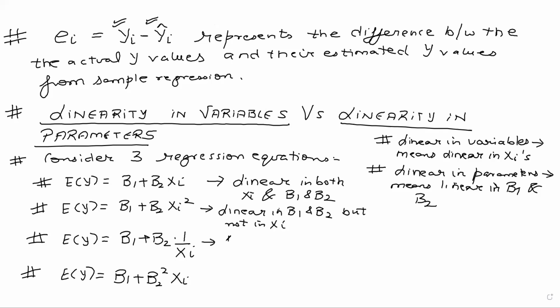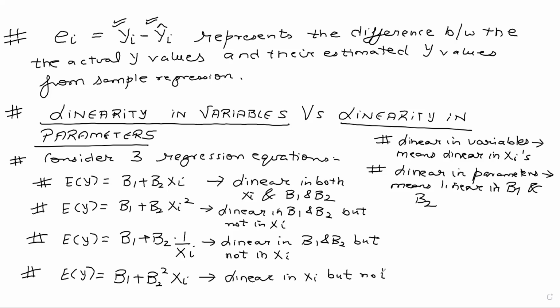Third equation also is linear in both B1 and B2, but not in xi. And if you look at the last equation, it is linear in xi, but not linear in B1 and B2. You can see B2 is coming with power 2.